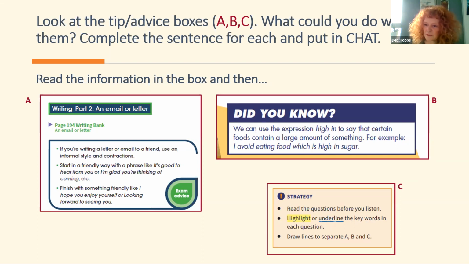Anna, I think it's possible to include process writing tasks and then pay attention to style, contractions, etc., and maybe compare. Yes, I agree. When I looked at A, I thought, because it mentions contractions and informal style, and then it includes contractions, so it's good to hear from you. I'm glad you're thinking of coming.